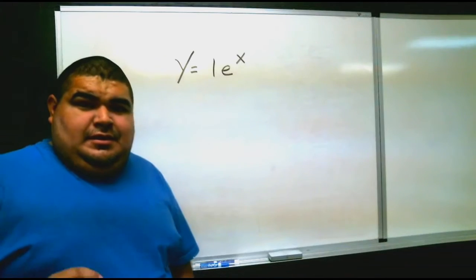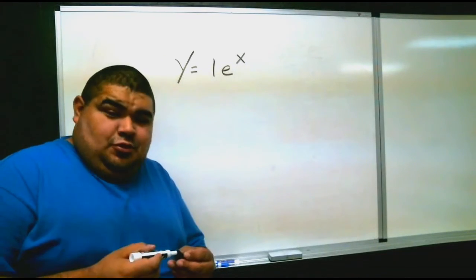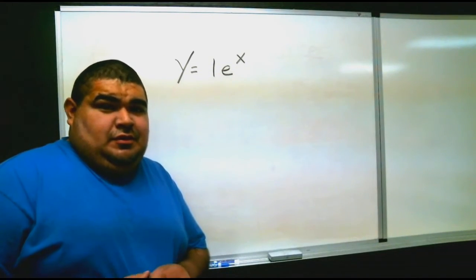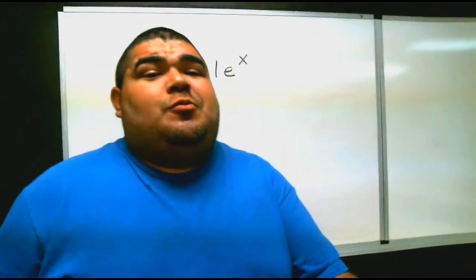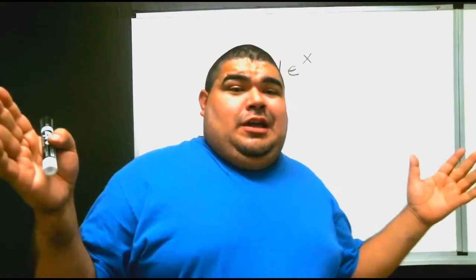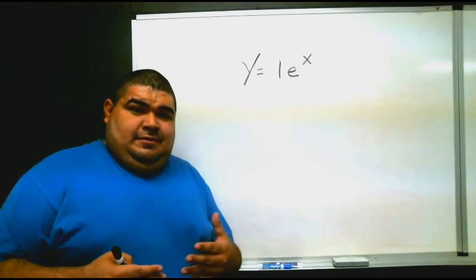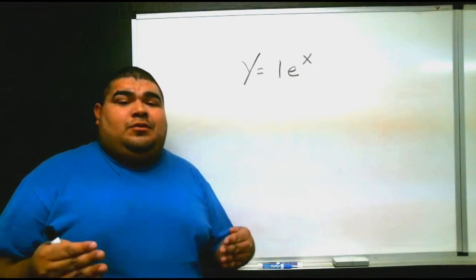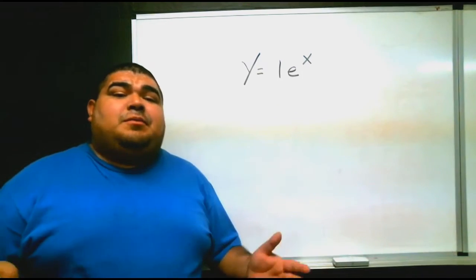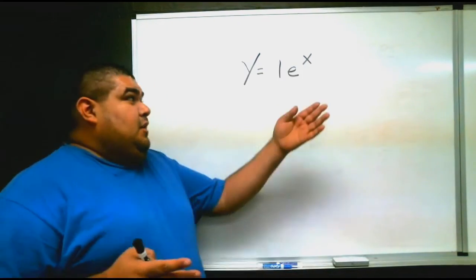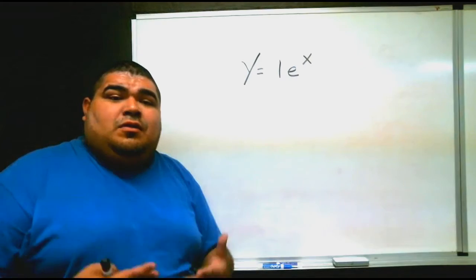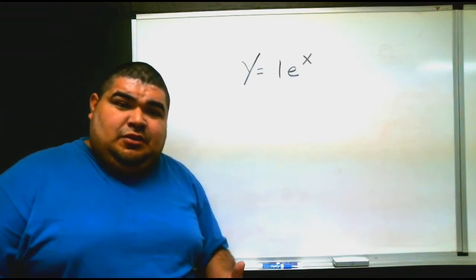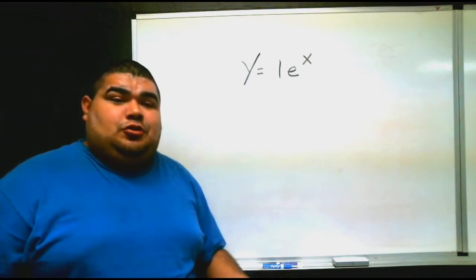Okay? Again, you get to choose your own numbers. If you want to use negatives to make it a little more challenging, go ahead, okay? Again, if you still feel a little nervous about it, use the same numbers I used, okay? Because since it's a parent one, all of them always are positive when you use the numbers I use, which in this case is 0, 1, and 2, okay?